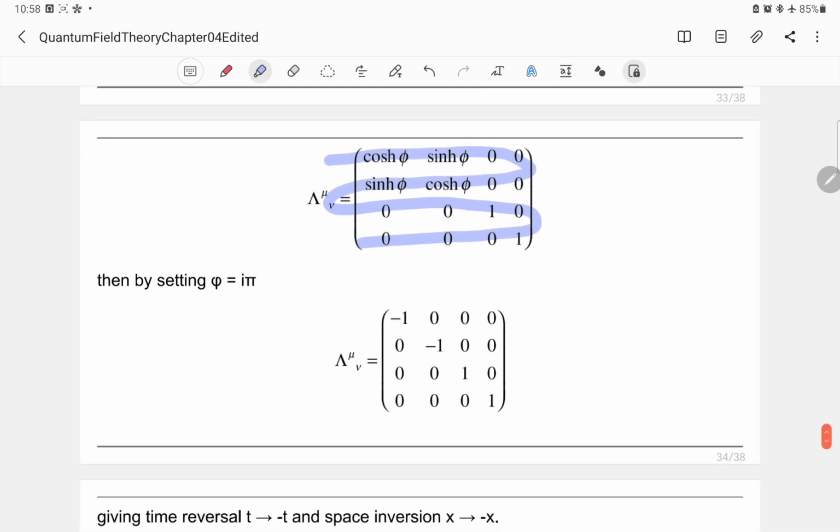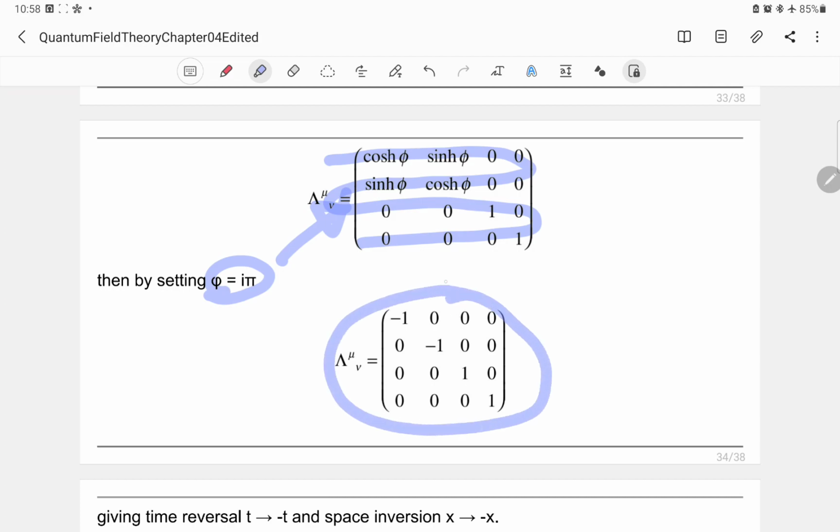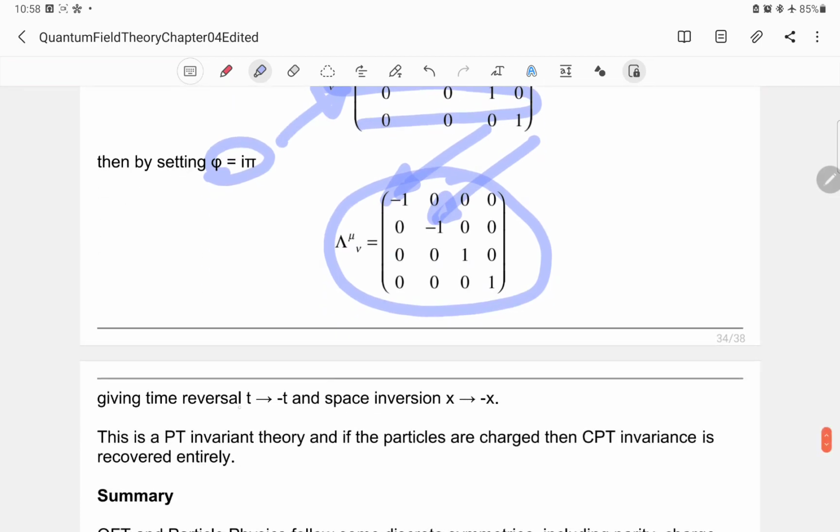So by setting your phi to be this one and then putting it into the transformation here, you will get this. And this one is a reverse time and a reverse space. So giving time reversal, t transforming into negative t, and space inversion, x transforming into negative x.